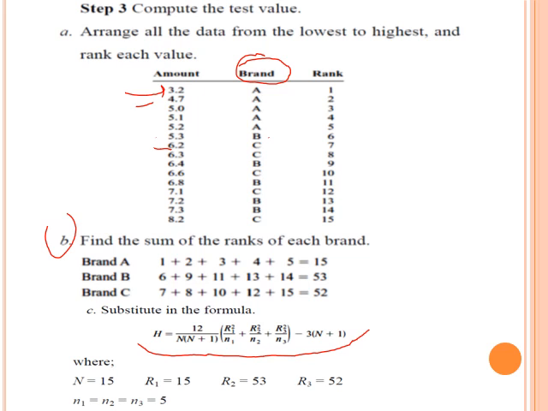So in the first column, you arrange all the data from the lowest to the highest, and in the second column, write which brand each value comes from. Then in the third column, you write the rank. Because no two amounts are equal, the ranks take the values 1, 2, 3, up to 15, and there are no tied numbers to average.